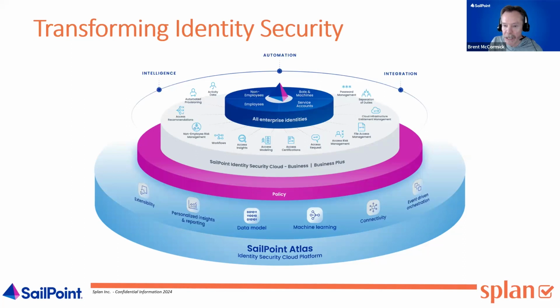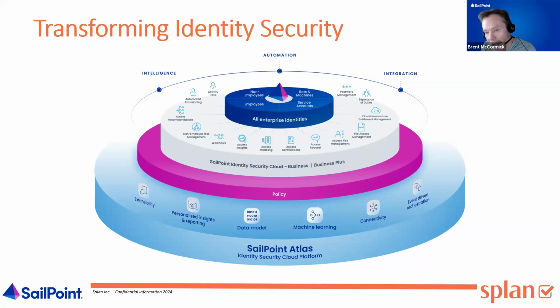So for example, being able to have lifecycle management, access modeling, and to be able to do reviews of access on a regular basis are all parts of what you expect from an identity security program, and that's what SailPoint brings to the table.